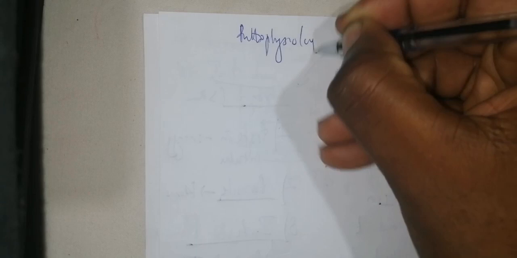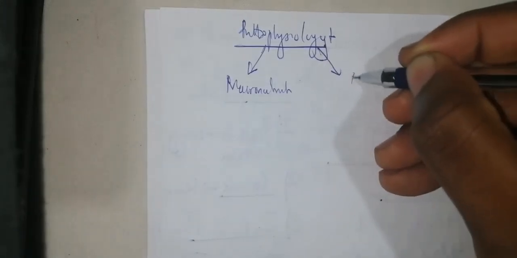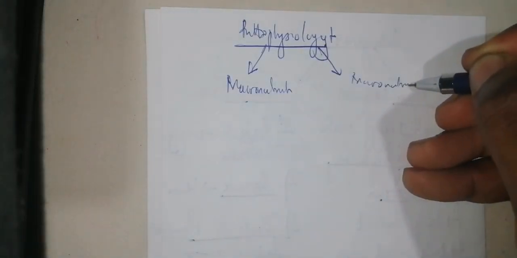The next element of the tutorial that we're going to see is now going to be the pathophysiology. Now, for the pathophysiology, you need to understand that the pathophysiology of malnutrition is just going to be dependent on macronutrient deficiency and micronutrient deficiency.